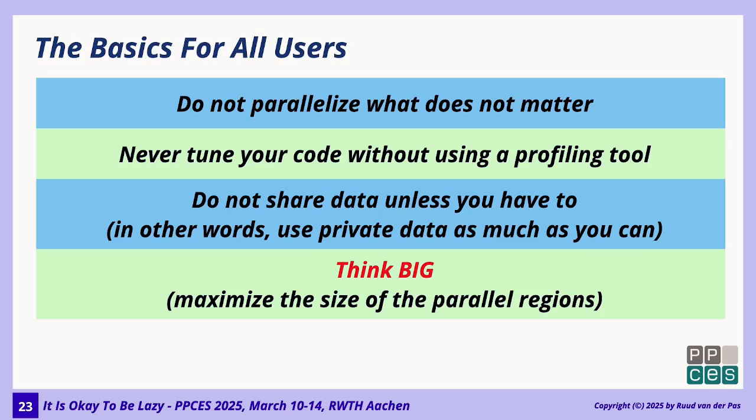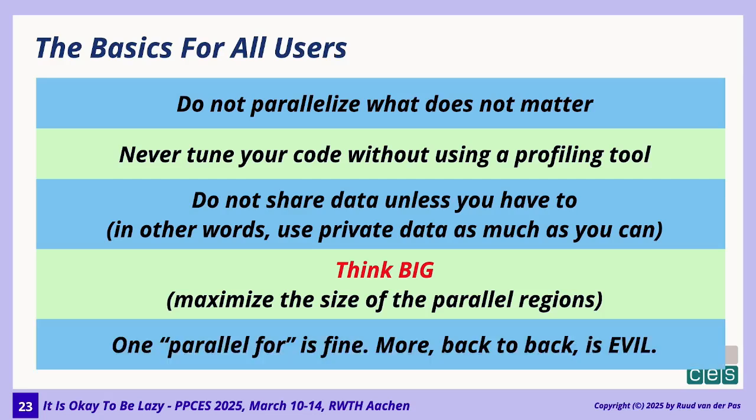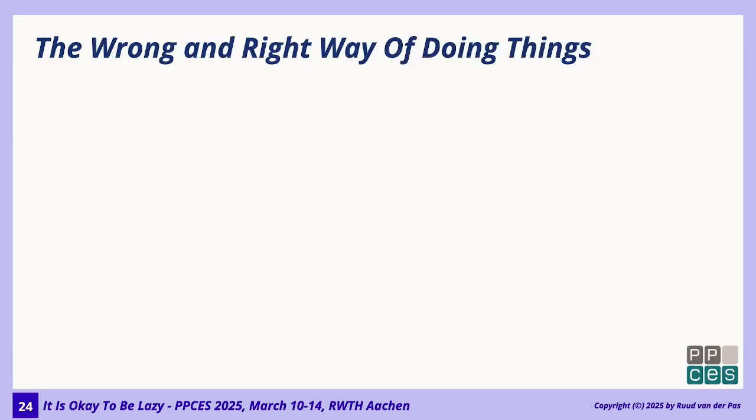Think big. One other classical mistake, and it's so important that I actually am going to have a slide on it with my favorite, the parallel for or parallel do. And one is fine. If you have more and they're back-to-back, it's pure evil. Let me show you an example. And this is what I see in too many OpenMP applications because it's so natural to do.